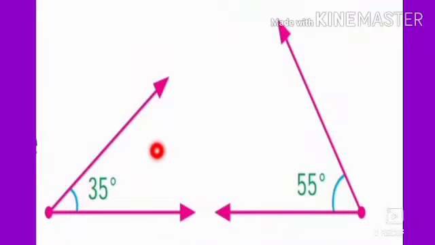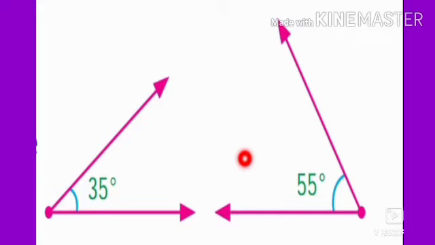Here, for example, 35 degree and 55 degree. Here, these two angles are given. When we add the two angles, that is 35 degree plus 55 degree, it is equal to 90 degree. So, these two angles are complement to each other.